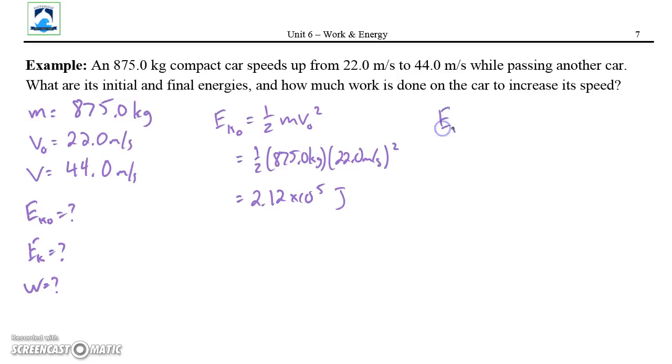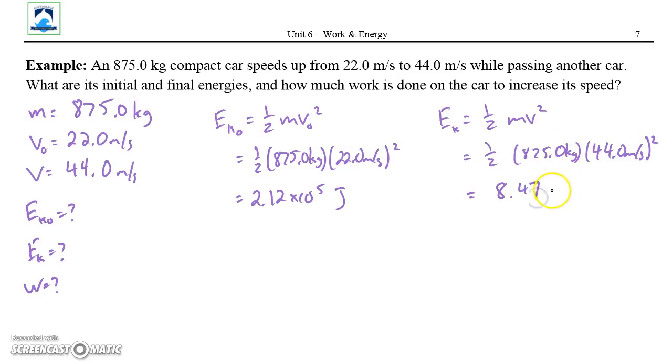Now, do the same thing again, 1/2 mv squared, and you should expect to get in the same range of value. And if you're not, then go back again, make sure you're squaring, make sure you're solving it properly, and you get 8.47 times 10 to the 5 joules.